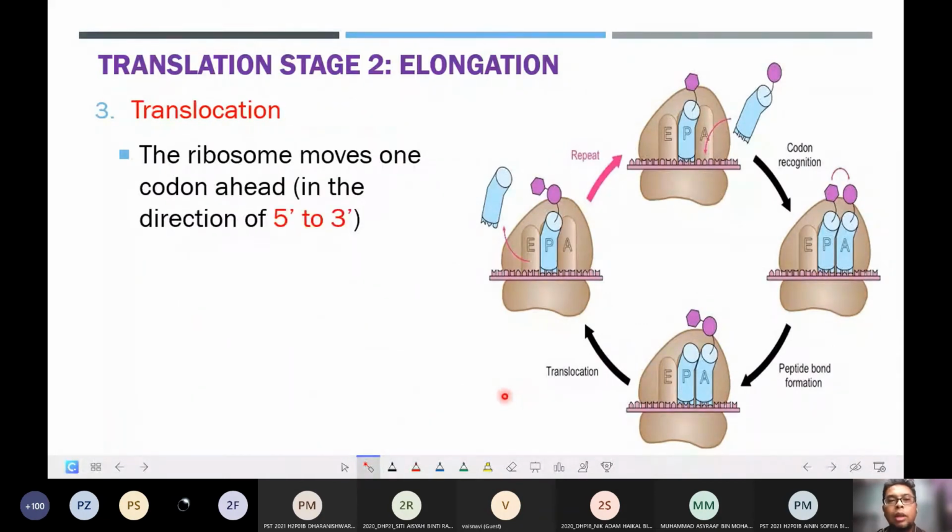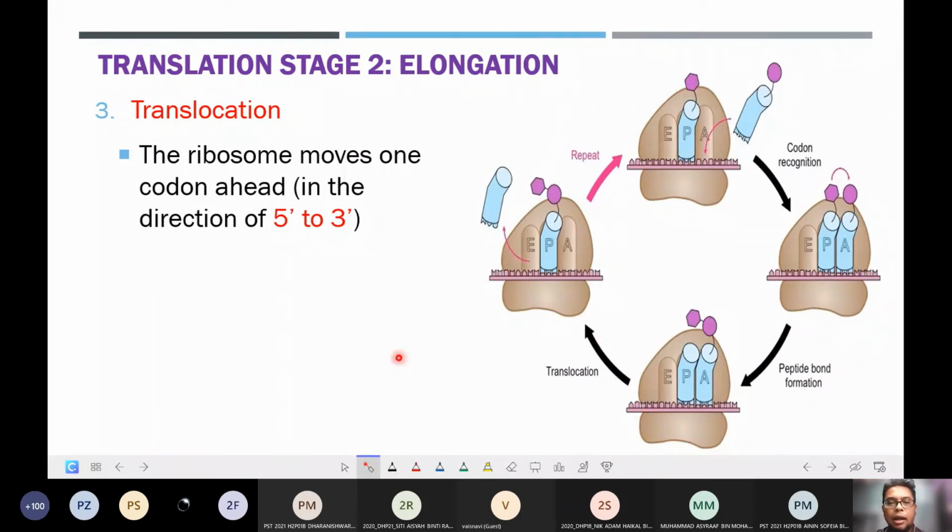And we continue with step number 3, which is known as translocation, in which this whole ribosome will move one codon ahead in the direction of 5' to 3'.